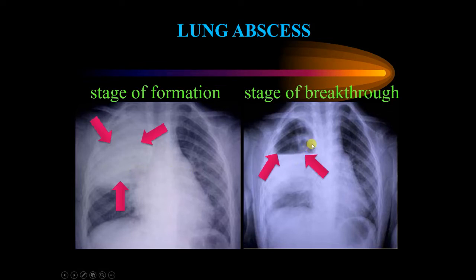In the stage of breaking through, when a portion of the pus evacuates from the abscess, you will see a horizontal level. Pus can go to the bronchial tree and evacuate with sputum during coughing, or it can go to the pleural cavity, forming an empyema of the pleura.